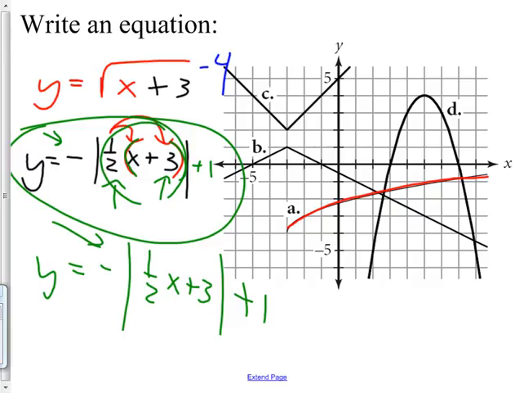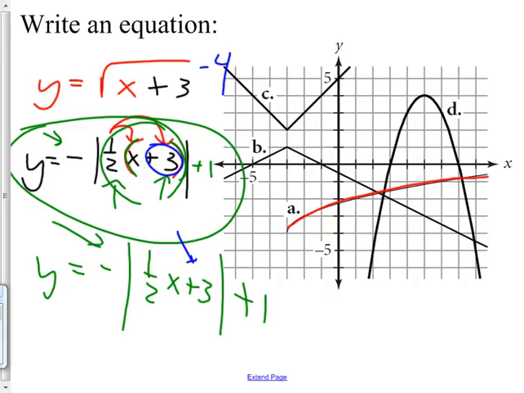Okay, so if you actually used a calculator and checked it and typed them both into the calculator, you could see one of them would be where we would expect it to be, and one of them would not be. The key, of course, is this number right here. When I write it like that, you can see with parentheses in it that it's clearly moved to the left 3. This one, it's not moved to the left 3.